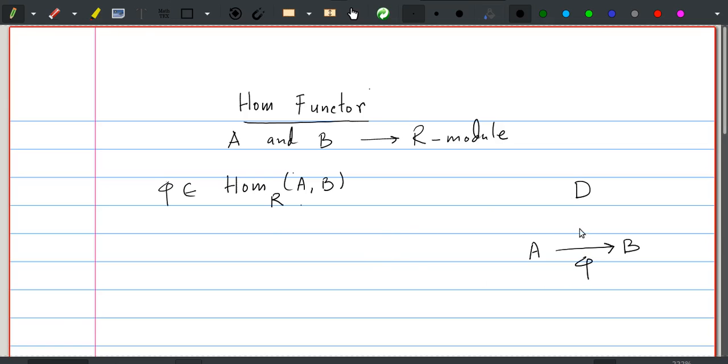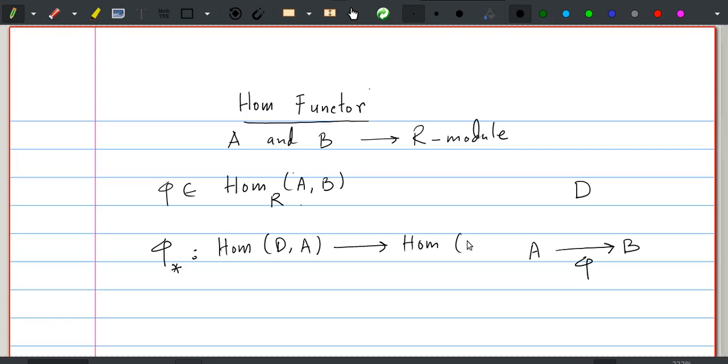Now if we have a module homomorphism phi, this induces a module homomorphism phi star from Hom DA to Hom DB. So these are R module homomorphisms.